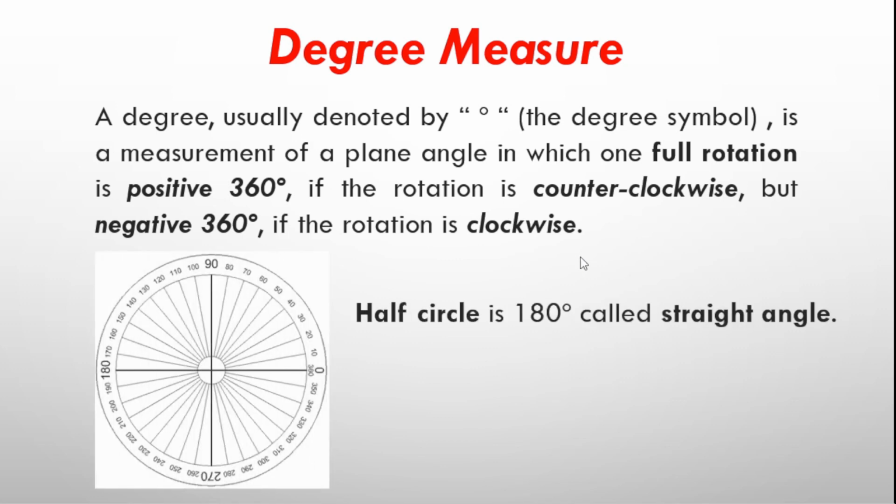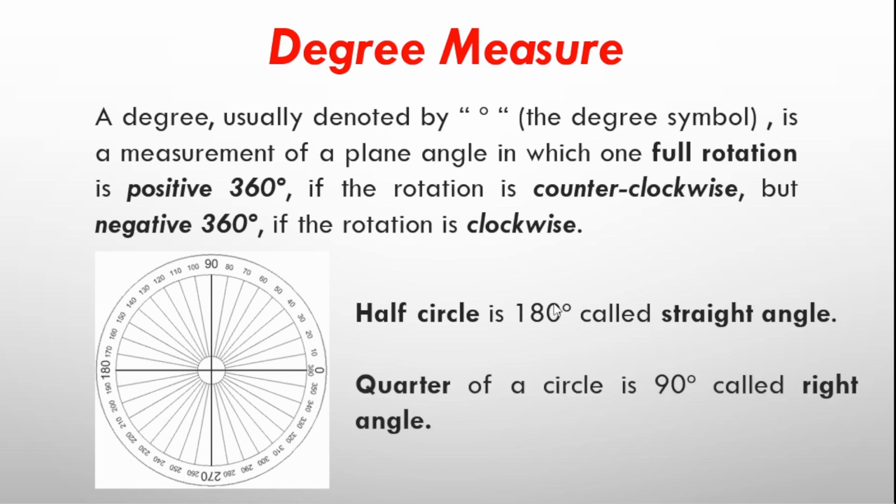And take note that a half circle is 180 degrees, called a straight angle. A quarter of a circle is 90 degrees, called a right angle.